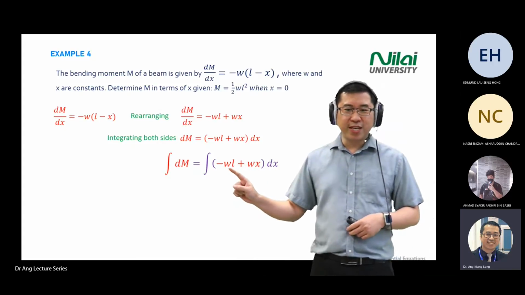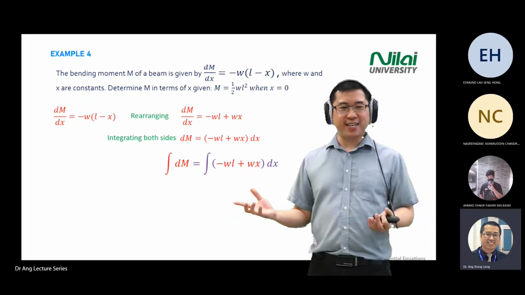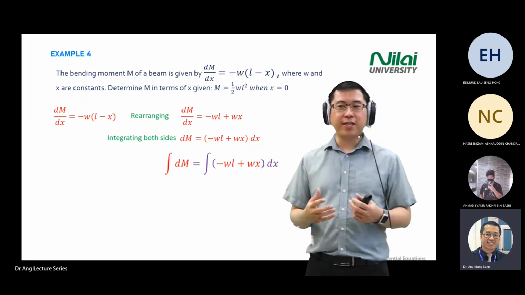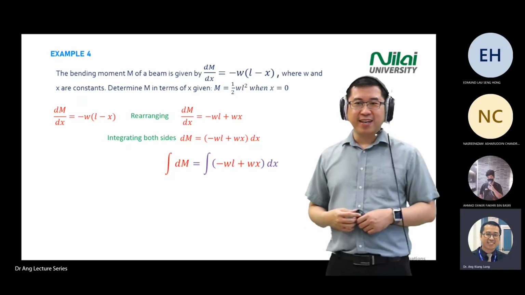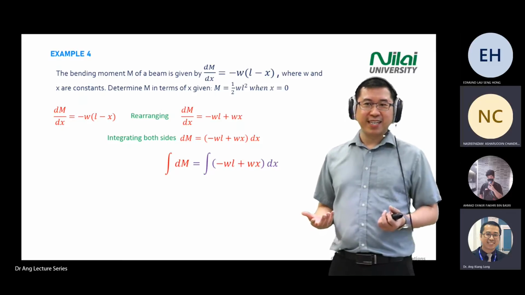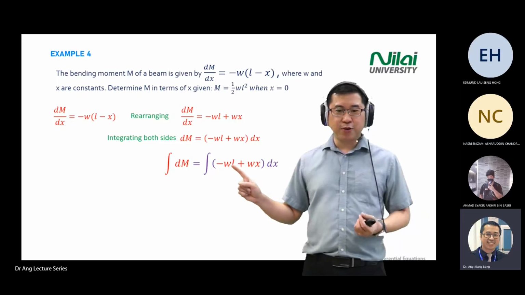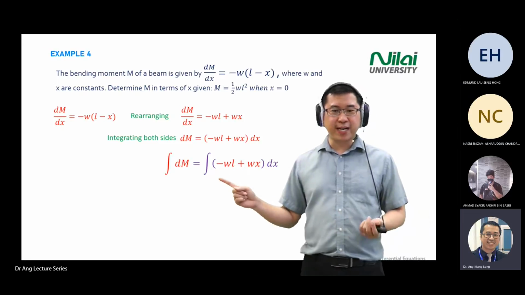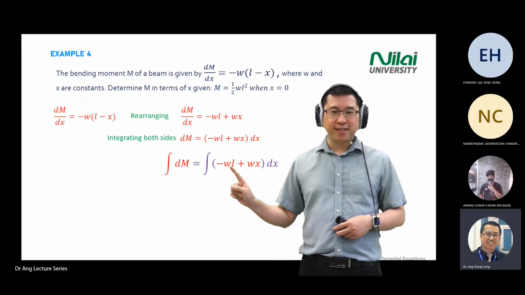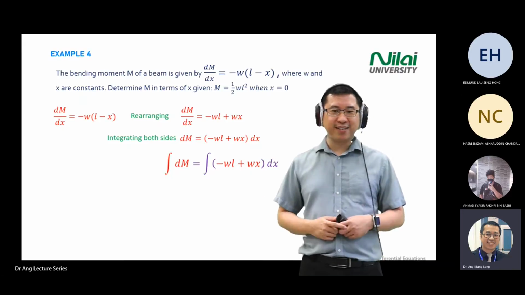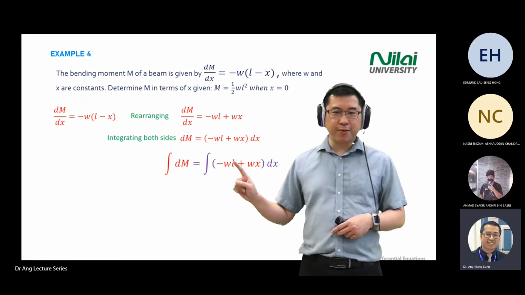So when you integrate a full number, you get x. Let's say you integrate 4, what do you get? 4x, right? So let's say WL is a 4. You integrate this one, you get 4x. So you see this one as a full number, WL, you continue to write. The answer is WLx.